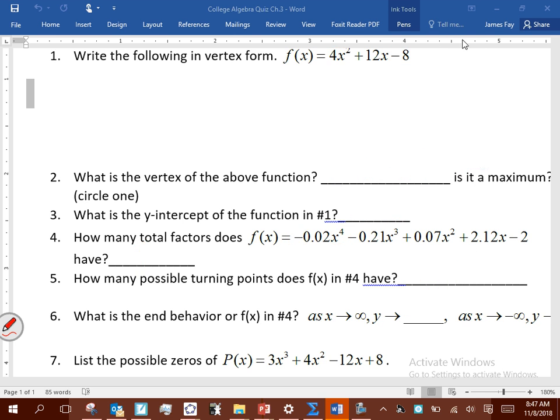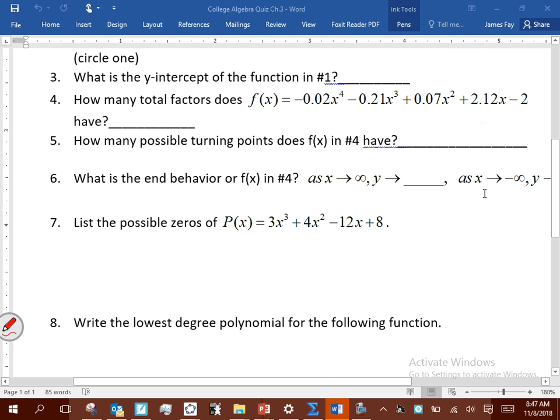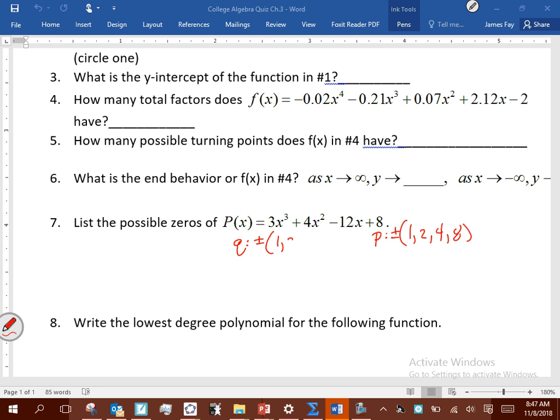Possible zeros then for this one. Remember, these are your p-values, so plus or minus 1, 2, 4, and 8. Q's are plus or minus the factors of 3, 1 and 3.